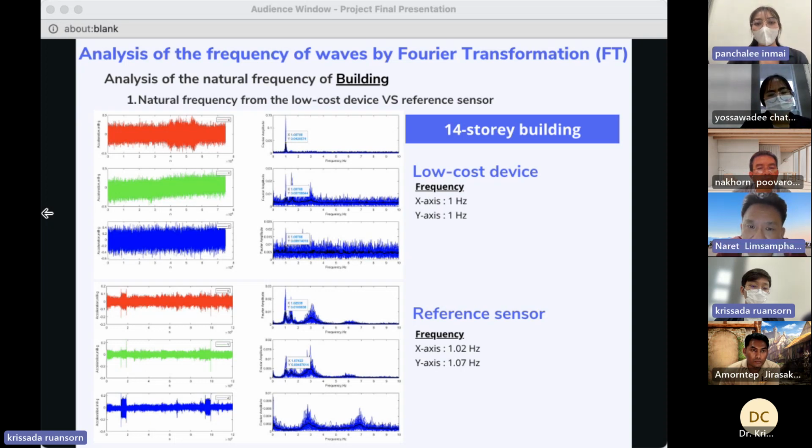Can you zoom in on the graph, please? Can you see this? Just wait a second, sorry, my computer shut down unexpectedly.